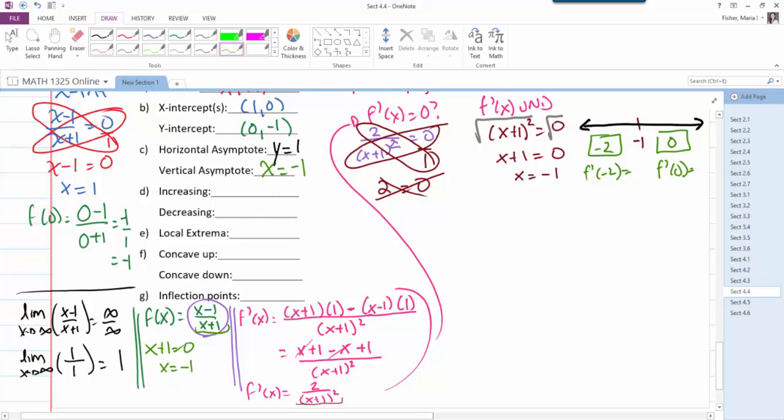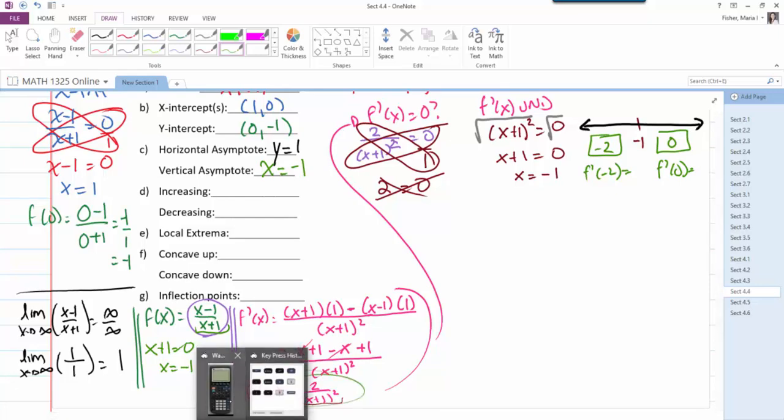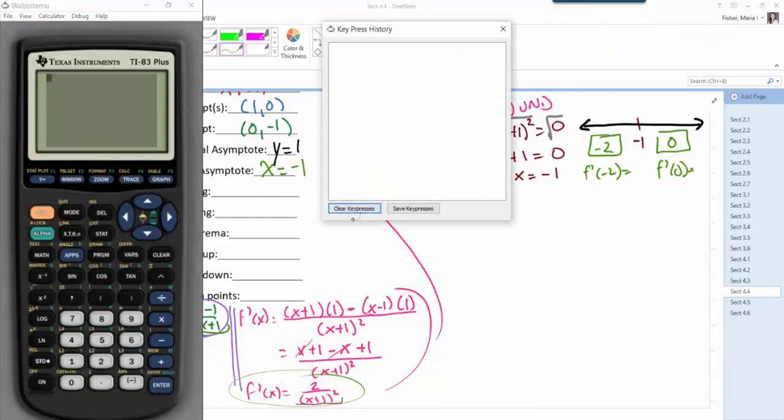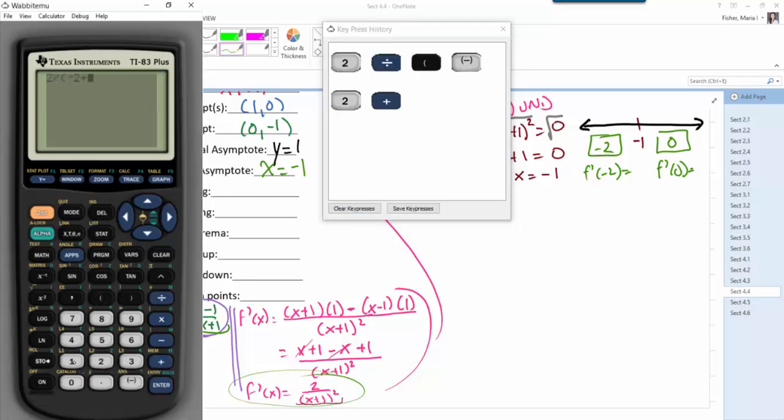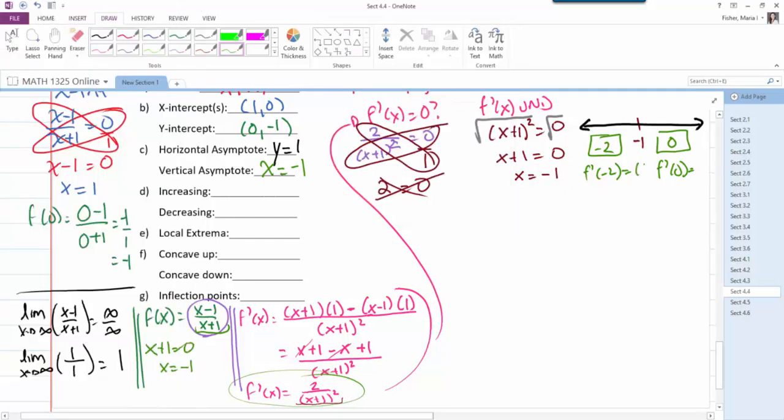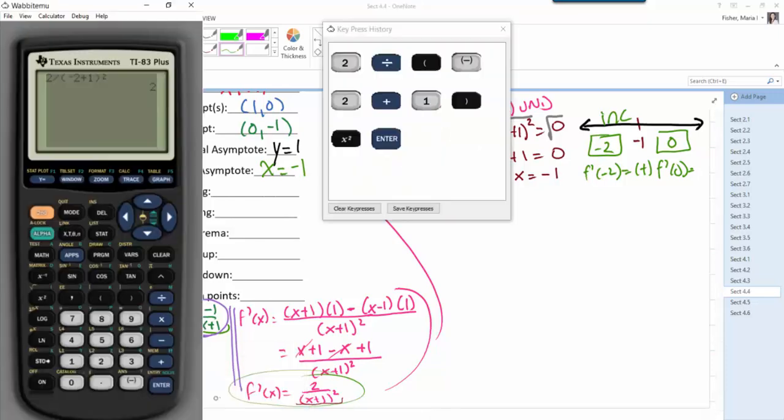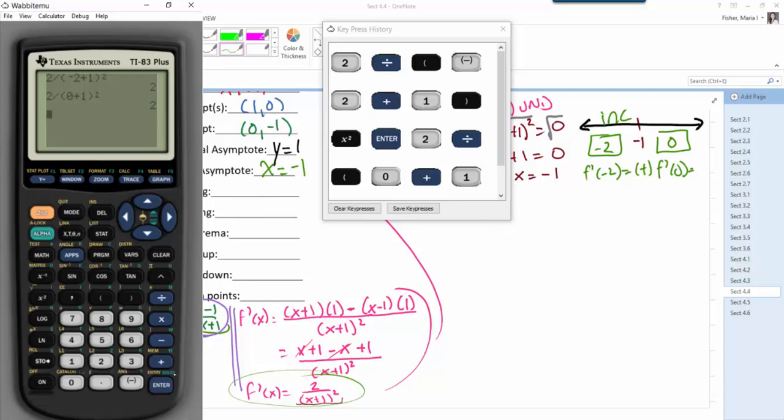Plugging into a calculator, remember this is our f prime. We get 2 divided by (-2 plus 1) squared, and we end up with a positive number, which means that in this interval I am increasing. And then f prime of 0, again, 2 divided by (0 plus 1) squared, I end up with a positive number.